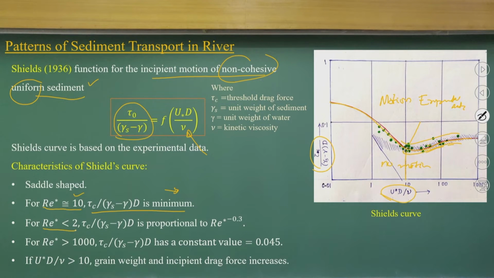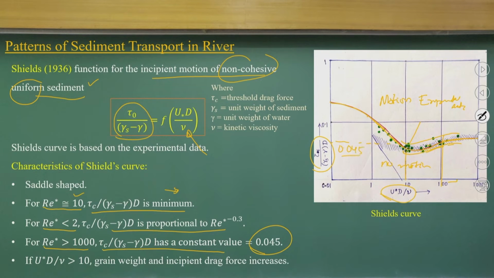When the particle Reynolds number is less than 2, there is a linear proportionality zone, proportional to the particle Reynolds number. When the particle Reynolds number is more than a thousand, the value comes closer to a constant. As you go beyond hundreds, more or less it is constant, and the value comes out close to 0.045.